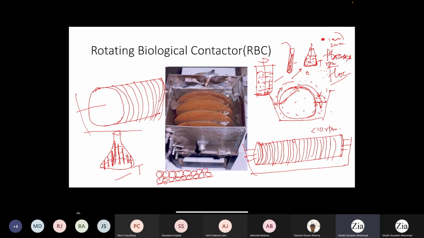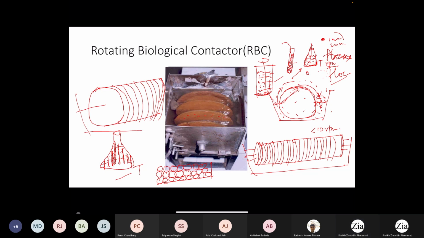So in that way, you can have a multi-layer bacterial film. So film means again agglomeration of bacteria, but they're arranged in a way that it will just form a specific layer of film, and that will have a specific thickness.